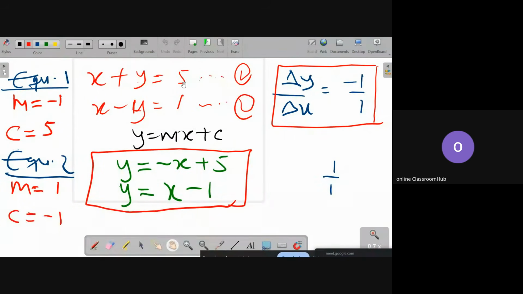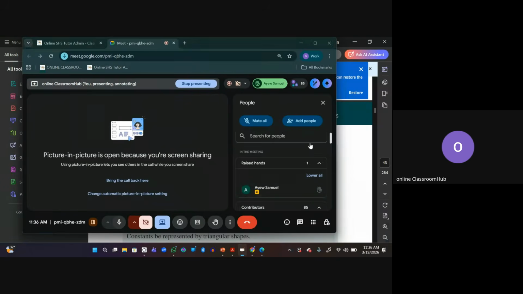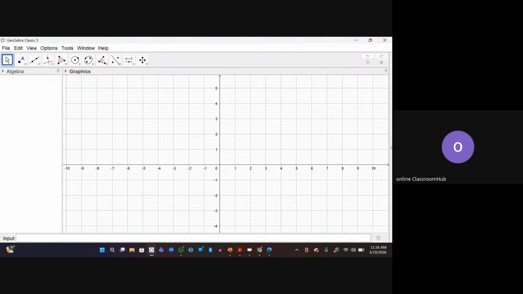Then for equation 1, you move down how many steps? Once, because it's -1. So you are moving 1 step down. Then for the x-axis, you always move to the right, so you move 1 step to the right. All right. Thank you, Akosia.